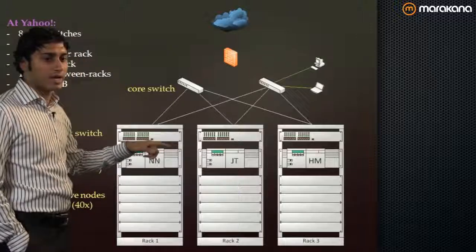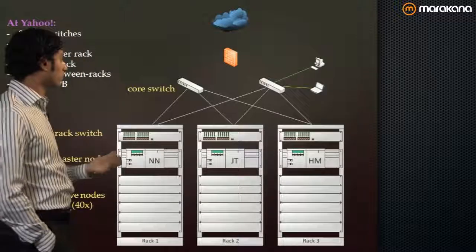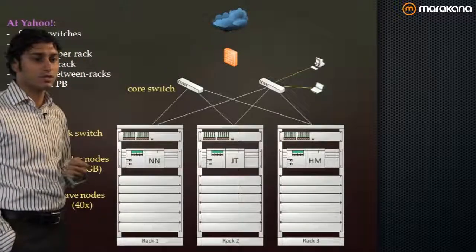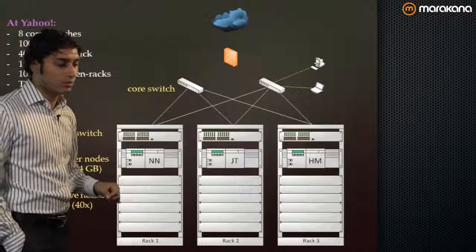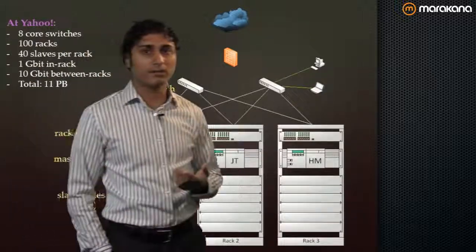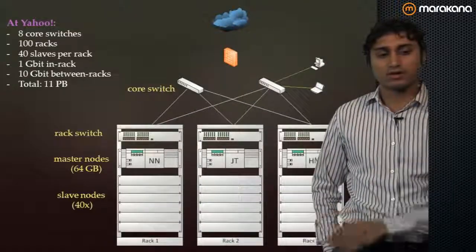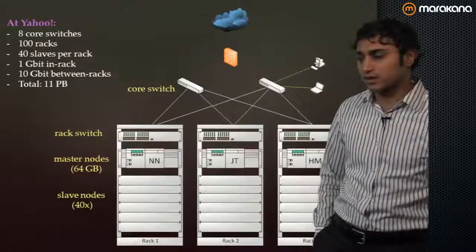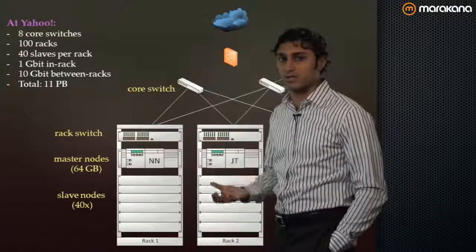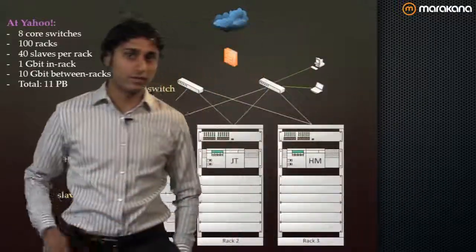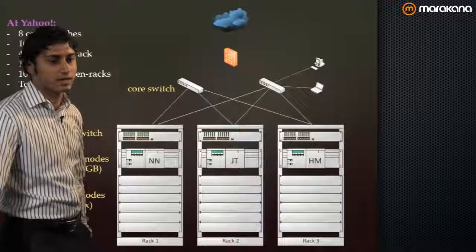You'll also notice that the master machines are beefier. They're dual or triple redundant hardware machines, as opposed to the slave machines, which usually have just one power supply. There are single points of failure on the slave machines, but that's not as critical, because if a slave machine crashes, there are other machines that have a copy of that data.